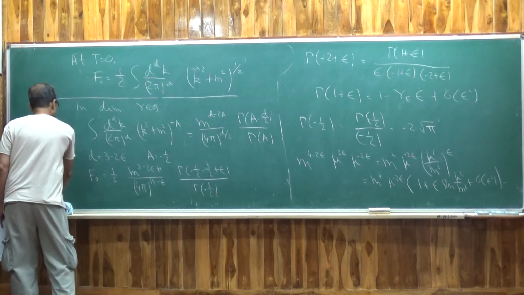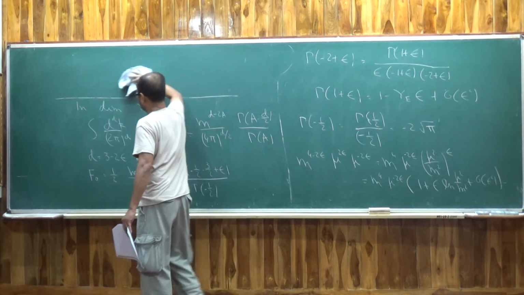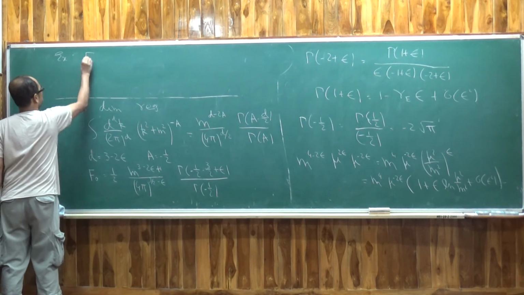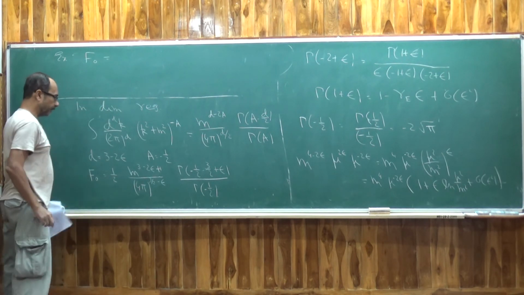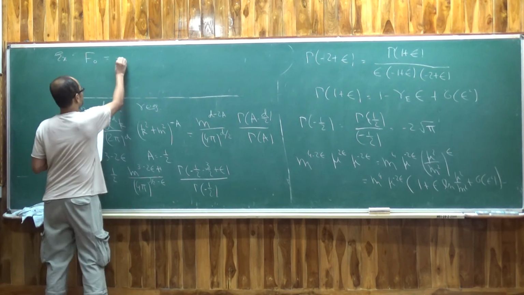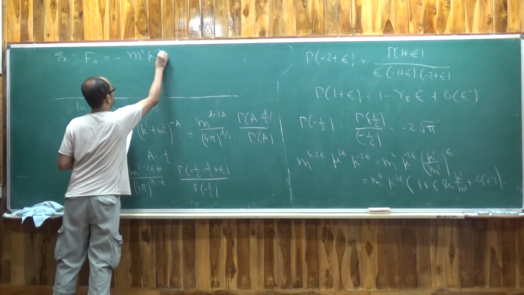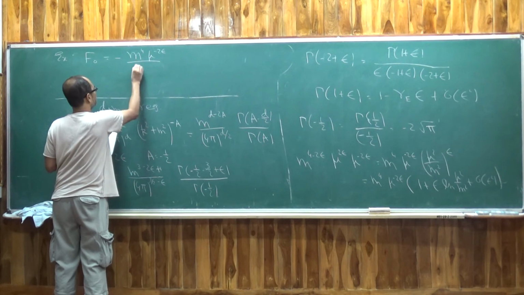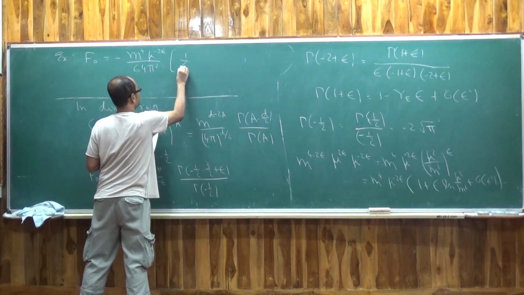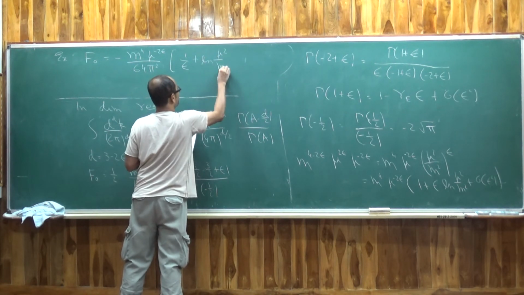This is the F naught here. So exercise: check that F naught is given by the following.